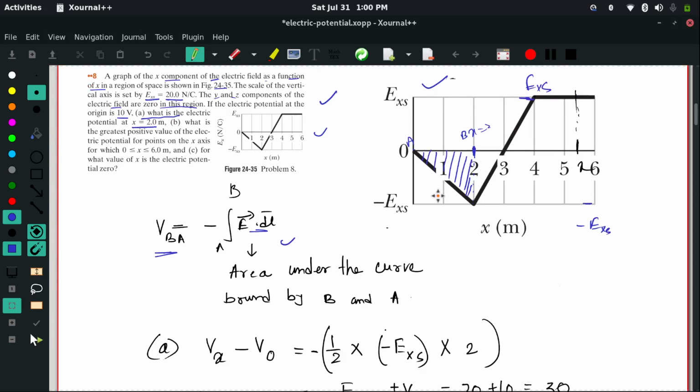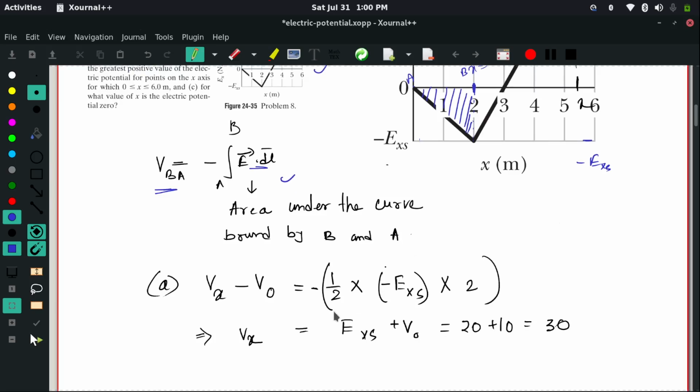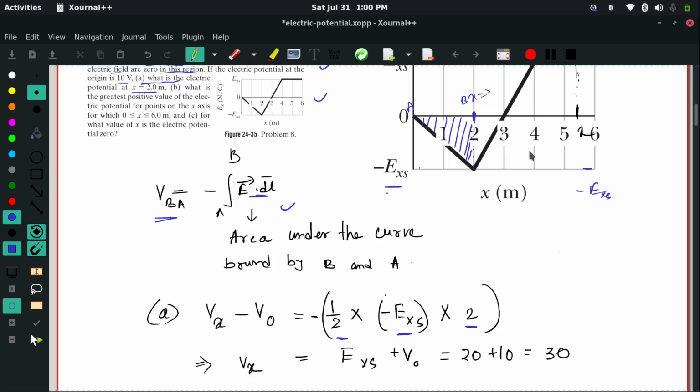What I have got here is just a simple triangle, and the triangle's area is given by half times the base times the height. So height is given by minus Ex, into the base.